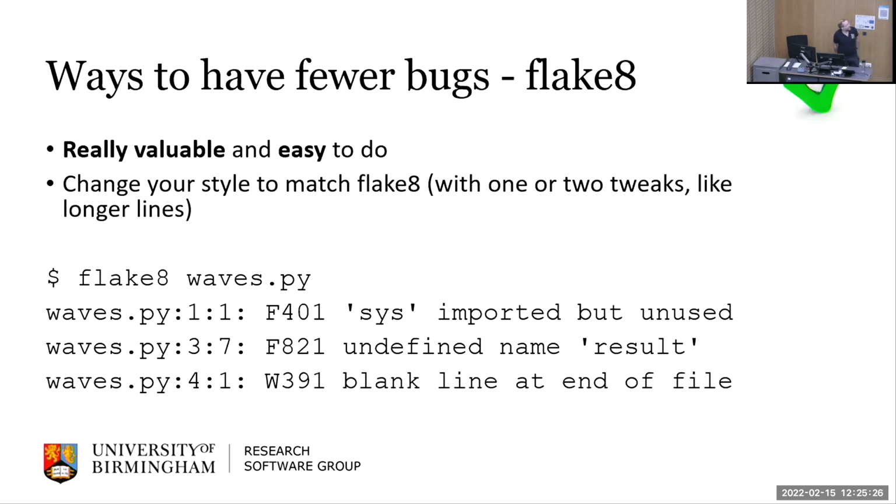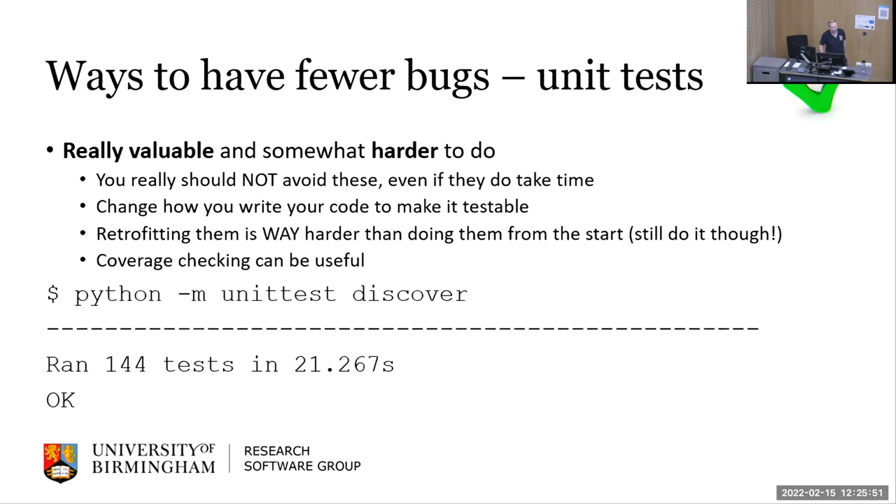And sometimes you just need to change your coding style to match what Flake8 wants. That is easier than configuring Flake8 to match your coding style. And if you match what Flake8 wants, and you're talking to someone else who codes in a way that matches what Flake8 wants, you'll be able to read each other's code really easily. Okay, valuable and easy. Those are the things we like.